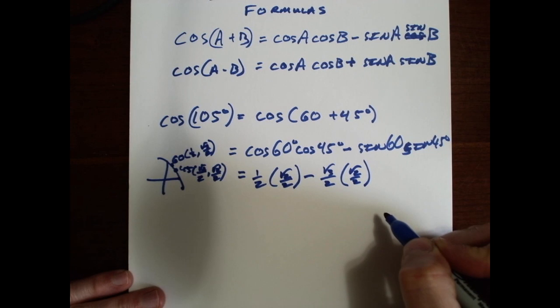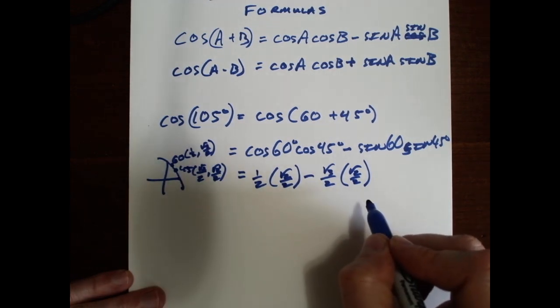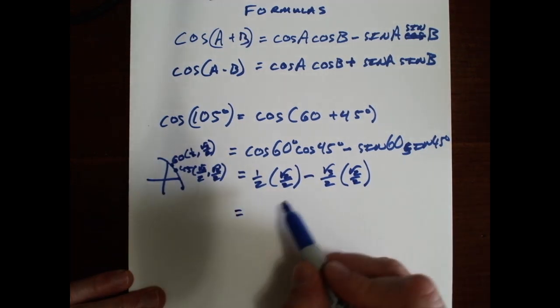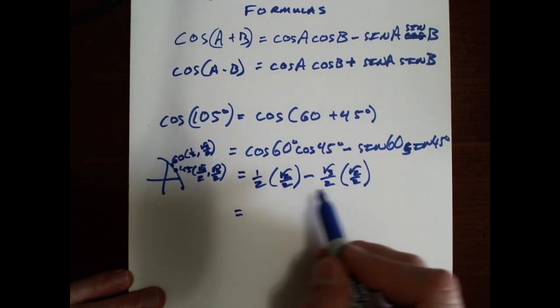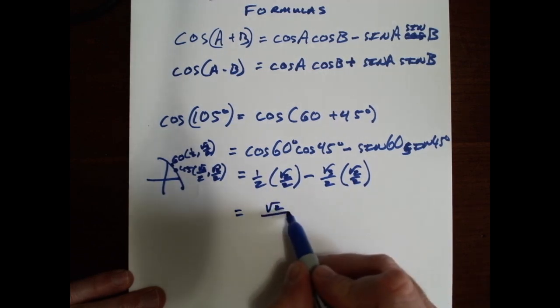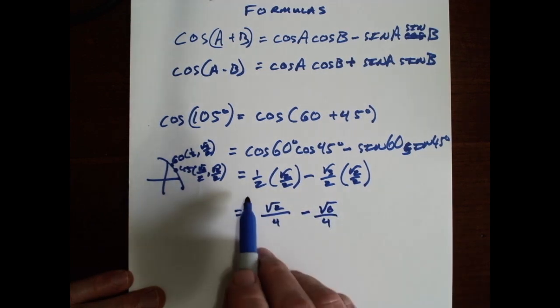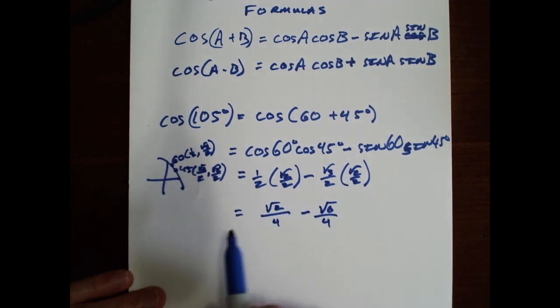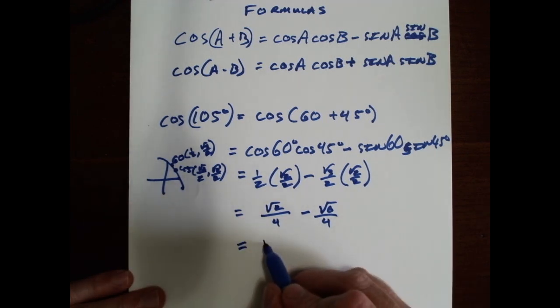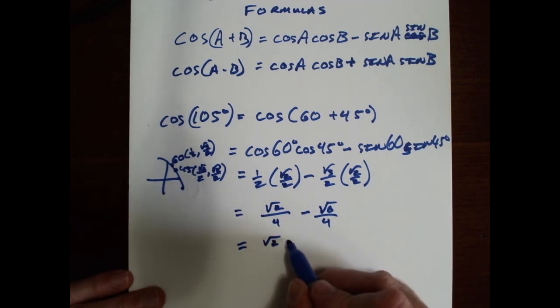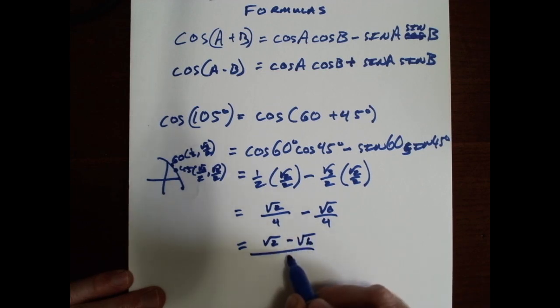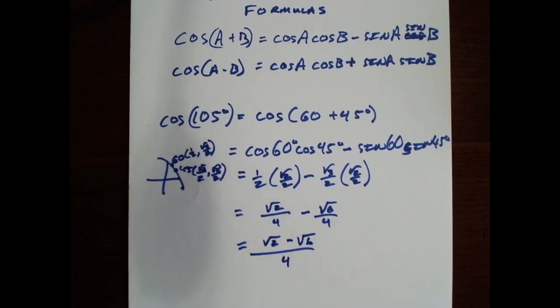So we need to finish evaluating this, which is root 2 over 4 minus root 6 over 4, because these are fractions, so we just multiply straight across. Now they have a common denominator, so I can combine the two fractions into one fraction, and now I have the exact value.